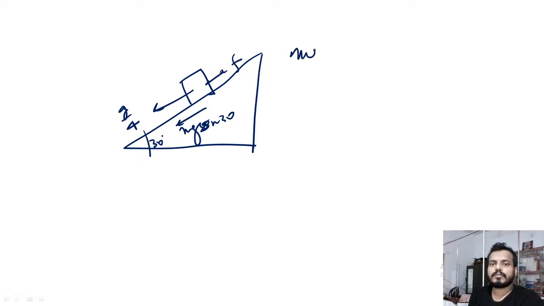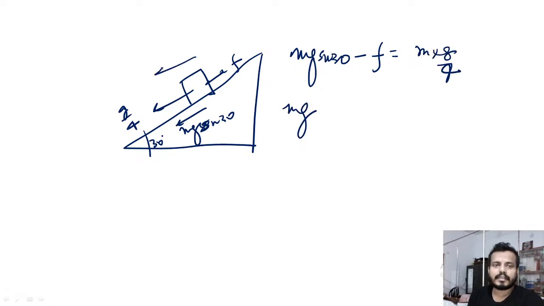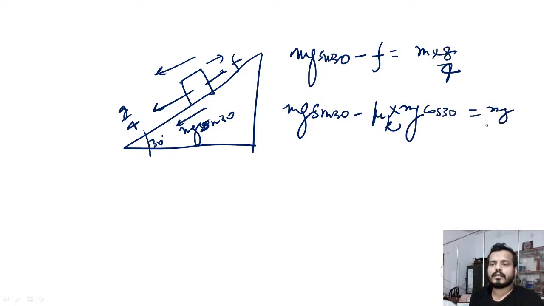So mg sin 30 minus friction is equal to m into g by 4. Here it is sliding, so it will be kinetic friction: mu k into mg cos 30.